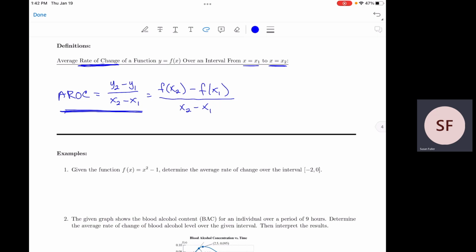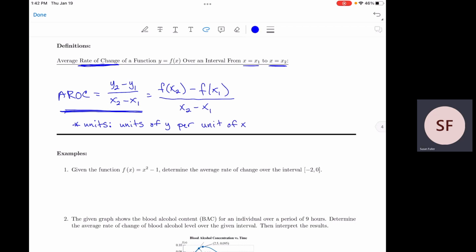Another thing that I want to mention here that is going to help you with the interpretation when you have a context involved is that the units of average rate of change are going to be the units of y, whatever units y is in, per single unit of x.